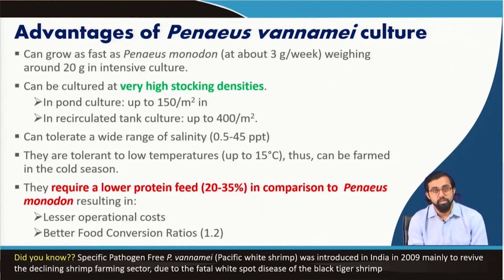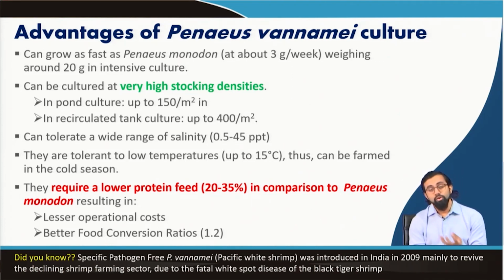In general, they are tolerant to low temperatures up to 15 degrees Celsius, thus can be farmed in the cold season, and it is also a species we can think about growing in temperate regions, like the European and North American context as well.